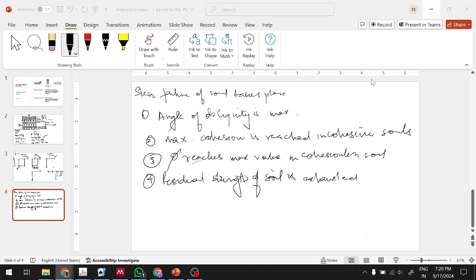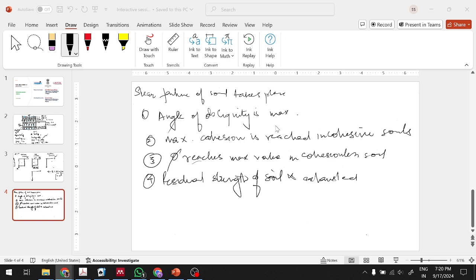The failure of soil takes place when the angle of obliquity is maximum.